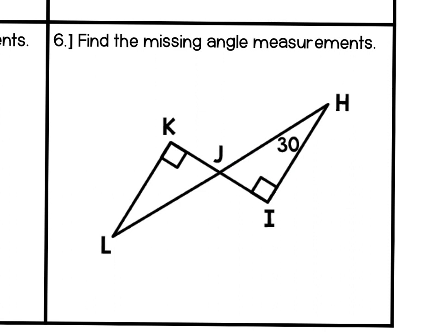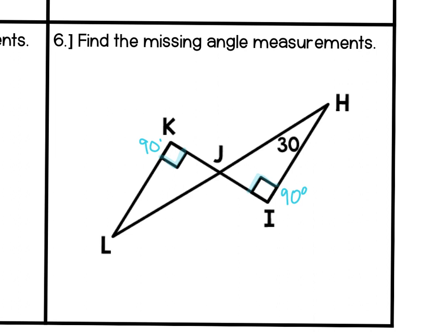Okay, so again, we're going to end our video with a more challenging problem. I noticed right away that these squares, and remember these squares tell us that the angle measure is 90 degrees, so I'm going to write that in here. And we do know that the interior angles of a triangle add up to 180.